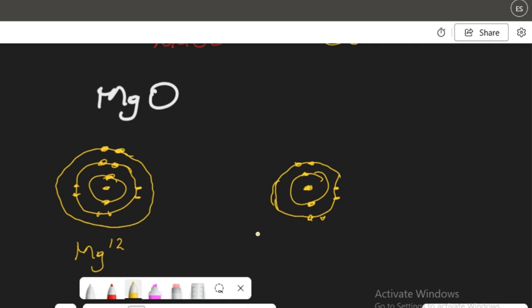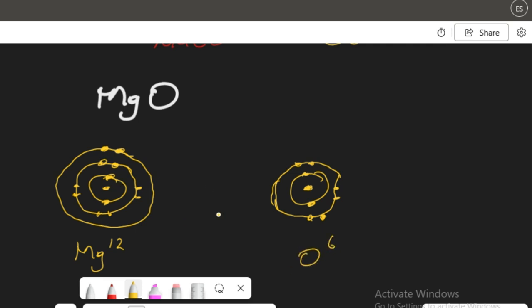So oxygen has a total of 8 electrons. Now 1 2 3 4 5 6 7 8. So oxygen is here now. But then oxygen needs this shell to hold 8 electrons, and it only has 6. It needs 2 more. Now magnesium is here, so this is oxygen, a total of 6 electrons in the outer shell.